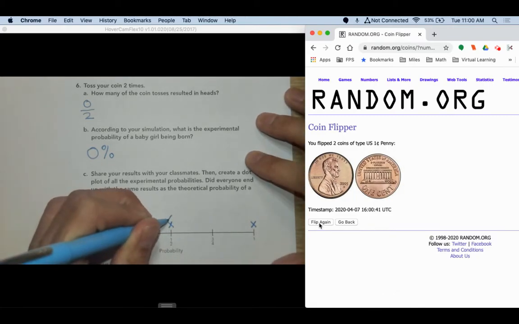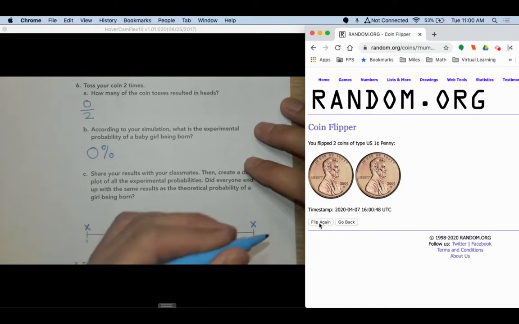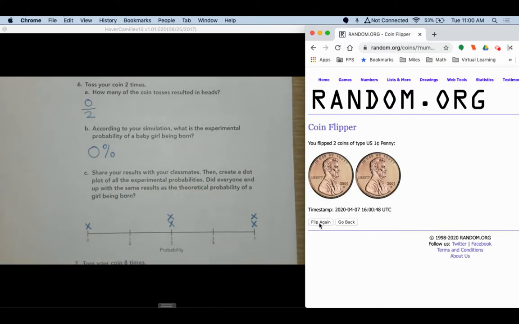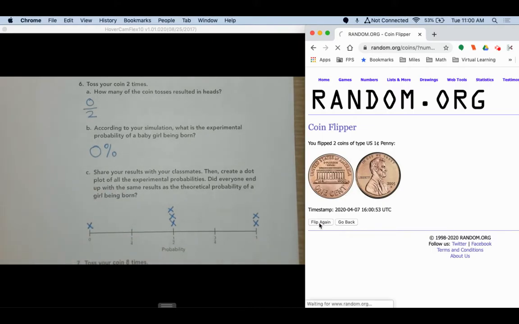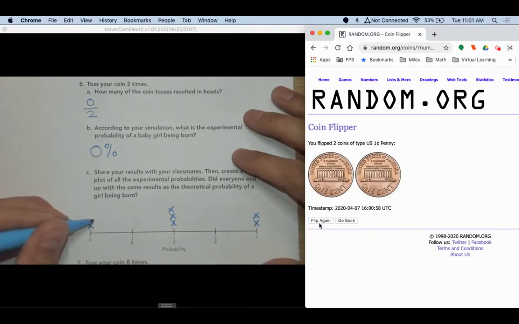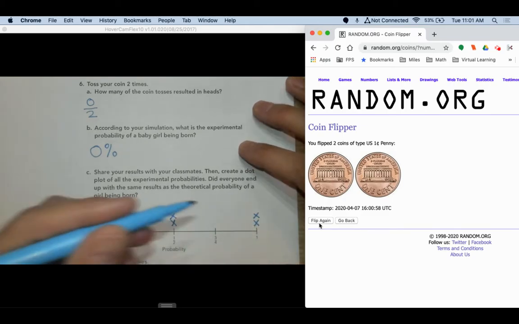A boy and a girl. I'm sorry, boy and a girl, and a girl and a boy. And then that is 2 girls. A boy and a girl. Just like me. 1, 2, 3, 4, 5, 6, 7.